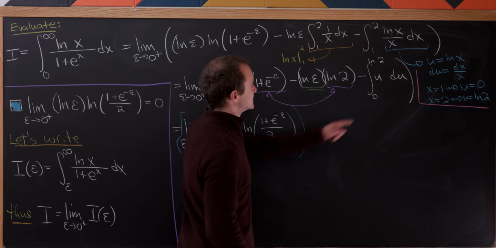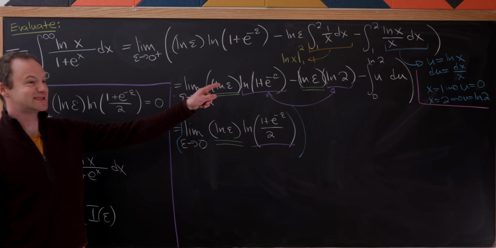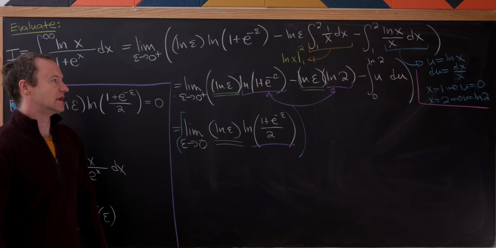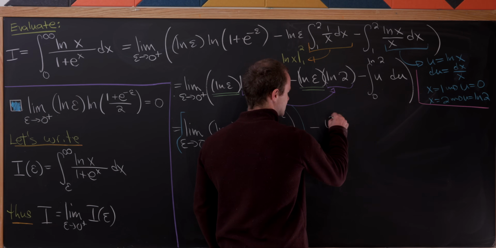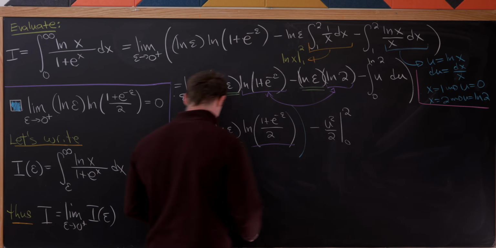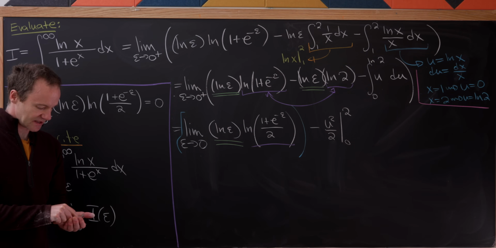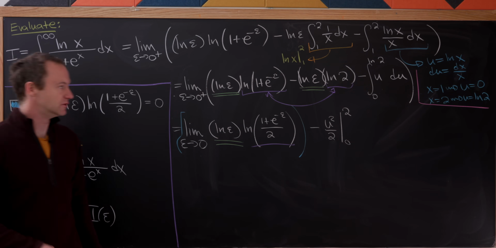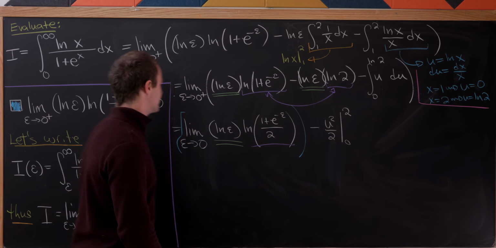Okay, but that's actually in a closed off limit at this stage. And that's because there's no epsilon over here that we need to worry about. So now we can essentially just integrate that out and evaluate it at the limits. So that'll give us minus u squared over 2 evaluated from 0 to natural log of 2. And now let's look in at this. And notice that this limit that I have in these blue parentheses is exactly our tool that we calculated before.